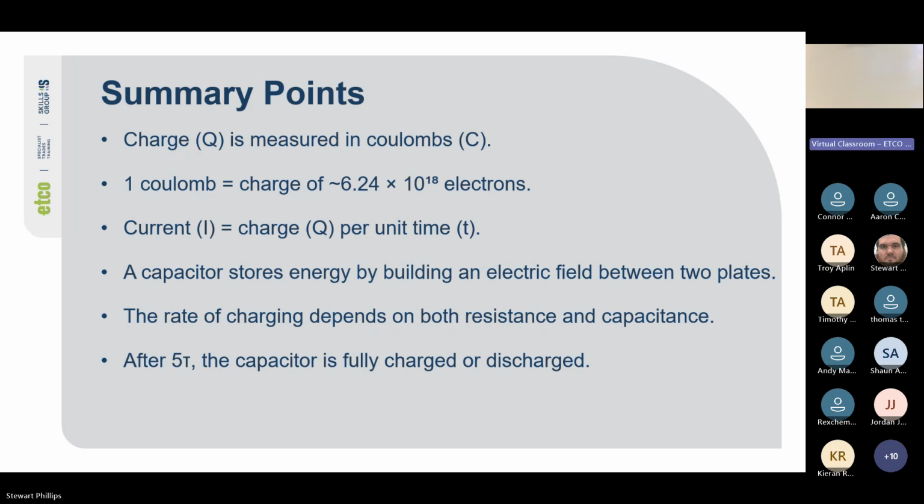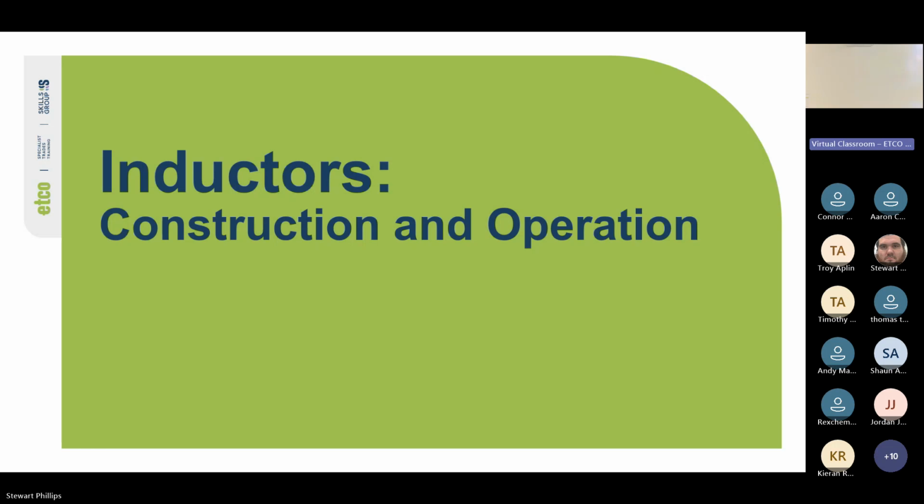Okay, cool. So we have looked at capacitors, and now we will take a look at inductors. So what do people already know about inductors?